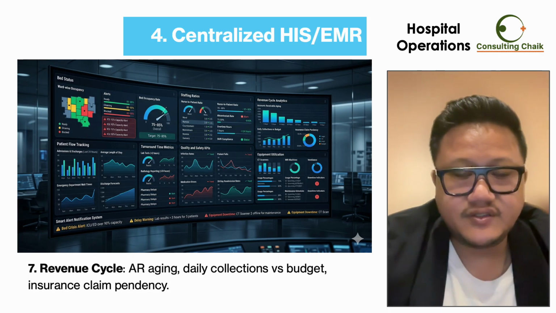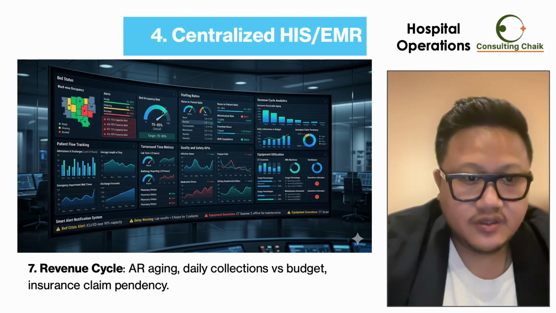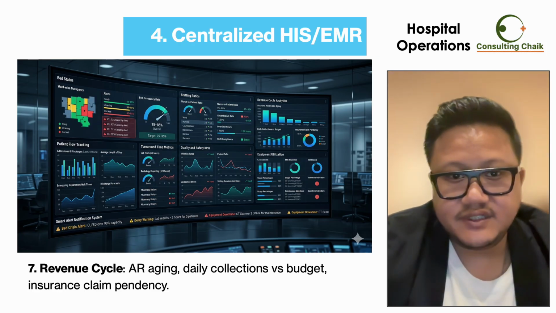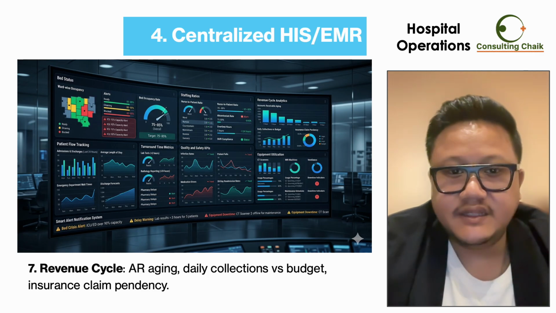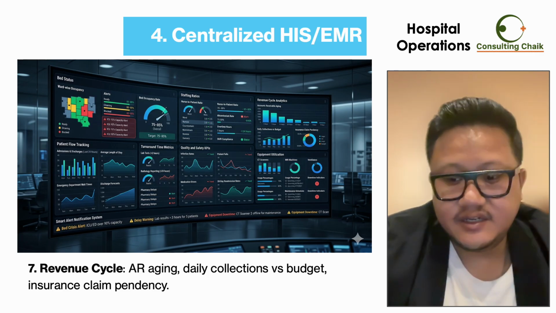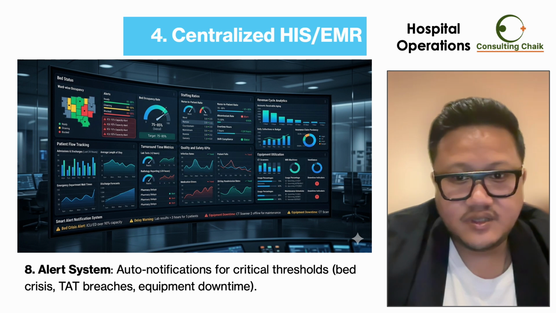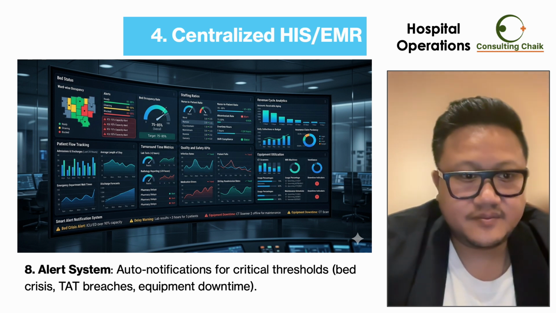Then your revenue cycle: your AR aging, your daily collections versus budgets, your insurance claims pendency, all those things need to be seen and tracked in the HIS. These things are very important to take managerial decisions.